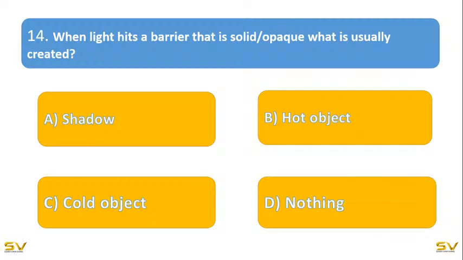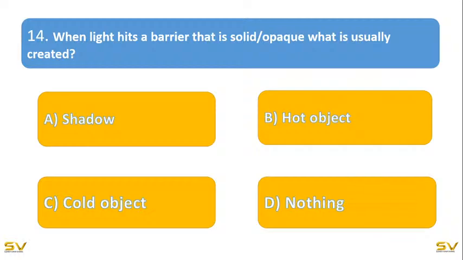So when light hits a barrier that is a solid or opaque object, light does not travel through that, it is not passing through that.